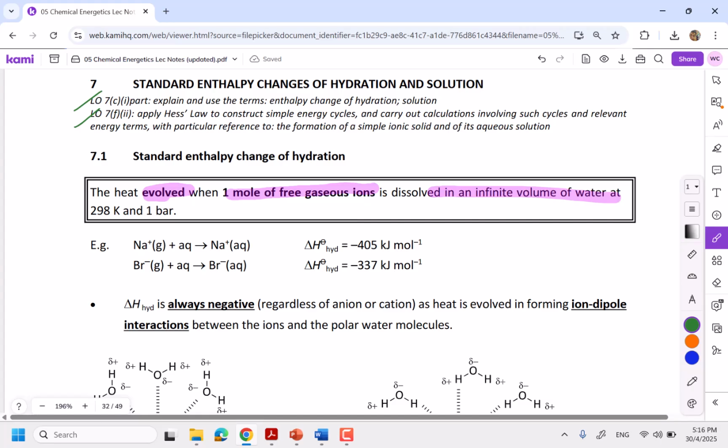Why is it that you are expecting it to be exothermic? Remember earlier on we mentioned that gaseous ions do not have any objects surrounding them.